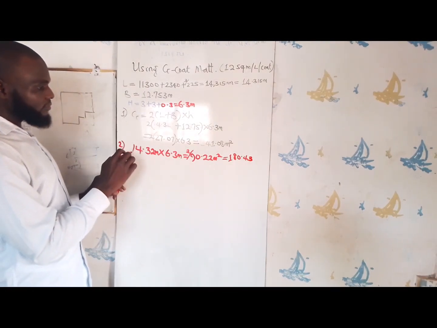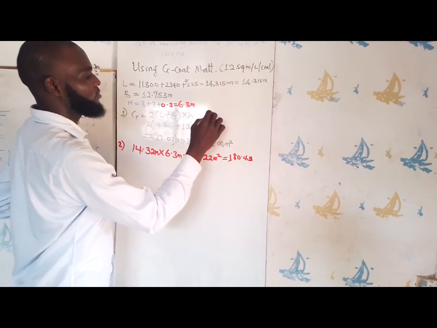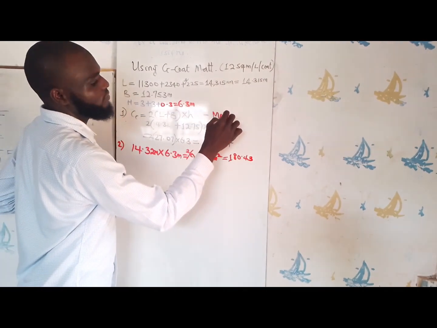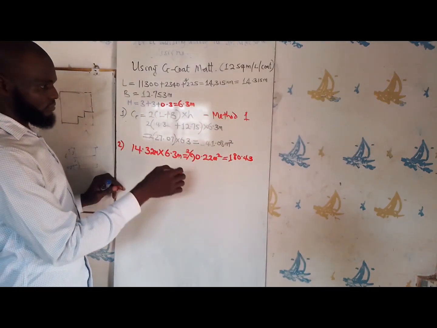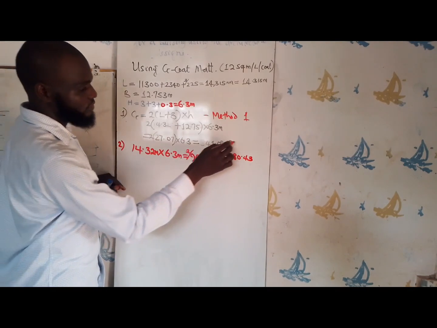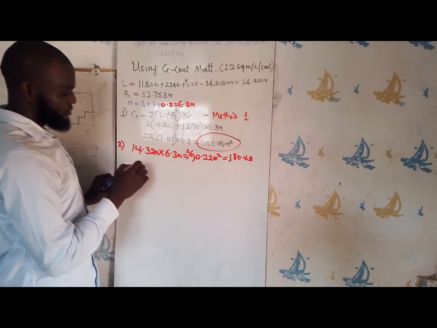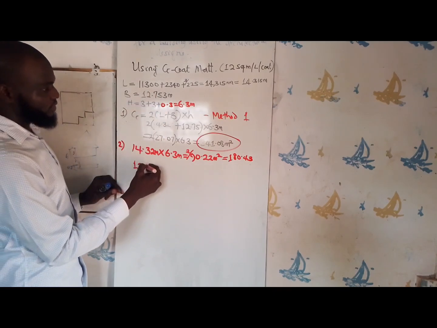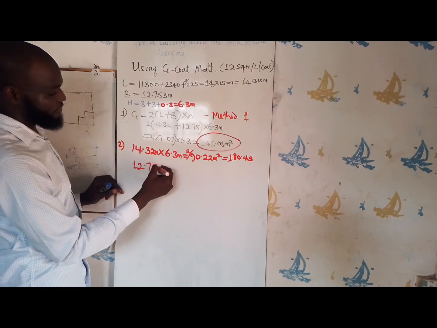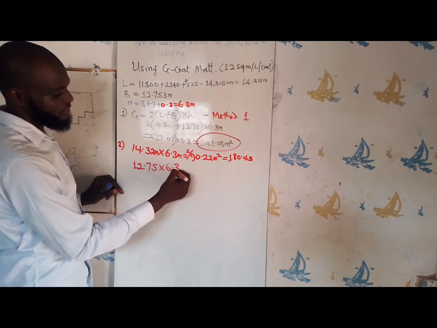Now, this is our first method. This is method 2. So the breadth, our breadth is 12.75 times 6.3 meters.